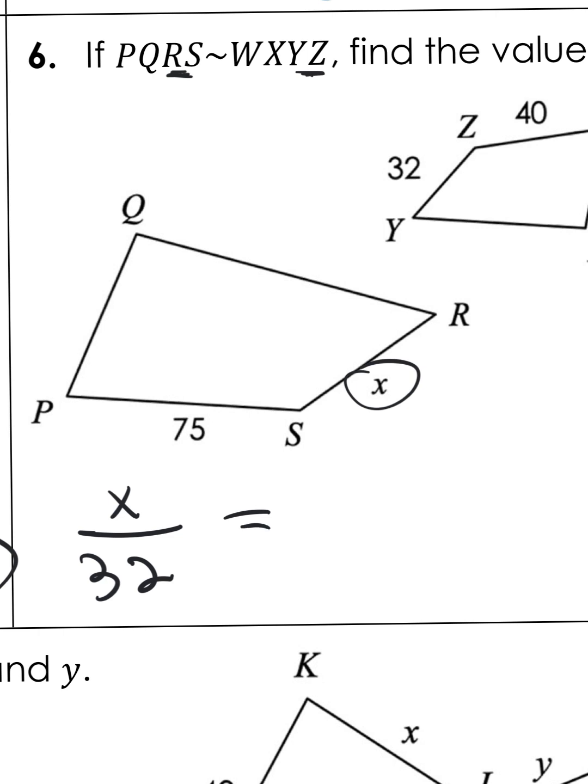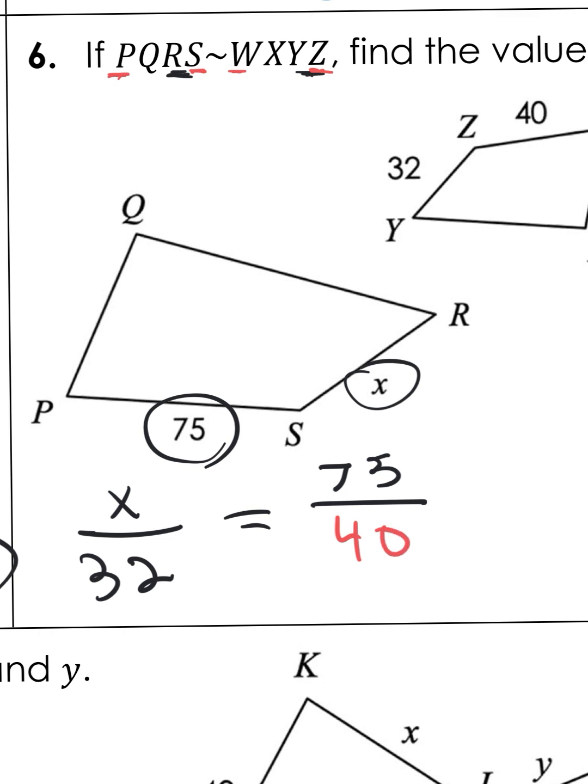And then I'm going to grab this other side that I know, 75. That's from the larger polygon. And I'm going to find its corresponding side. So PS corresponds to WZ. So WZ is 40. So that goes on the bottom.